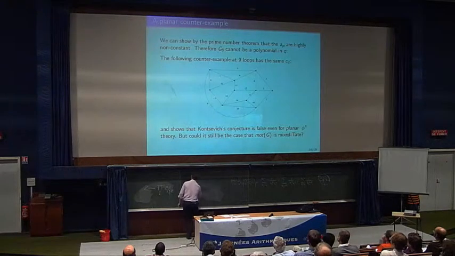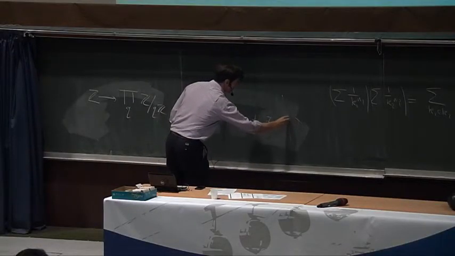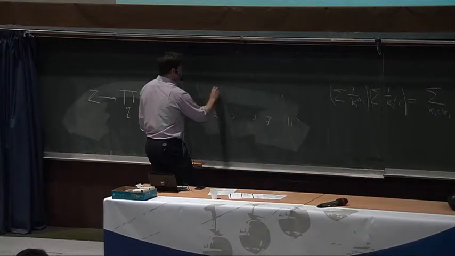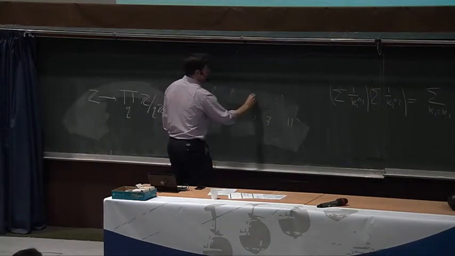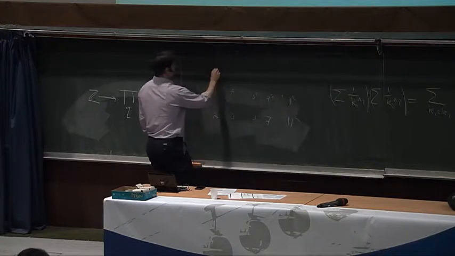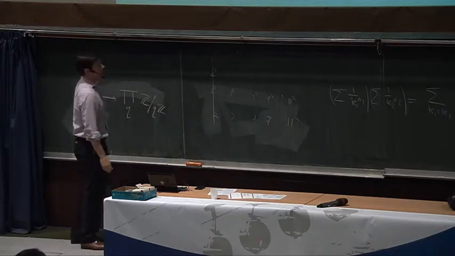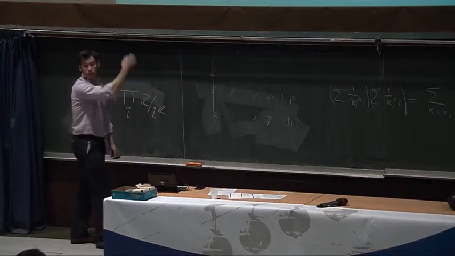So if you think about each, so we have primes 2, 3, 5, 7, and then we have 2 squared, 3 squared, 5 squared. So it's normal to look at the local zeta function and look at things vertically.